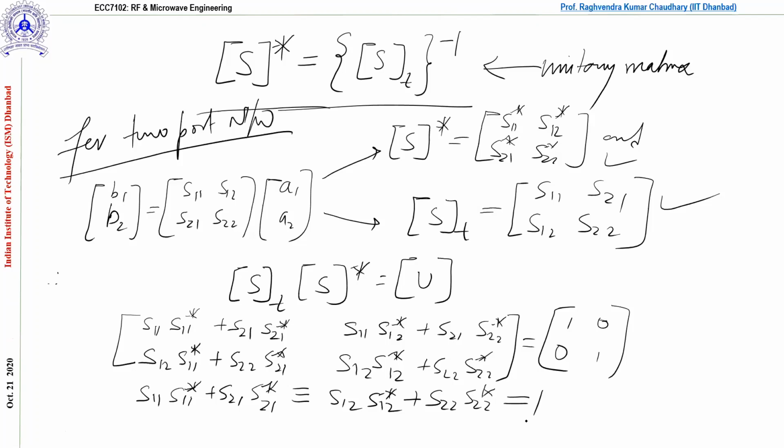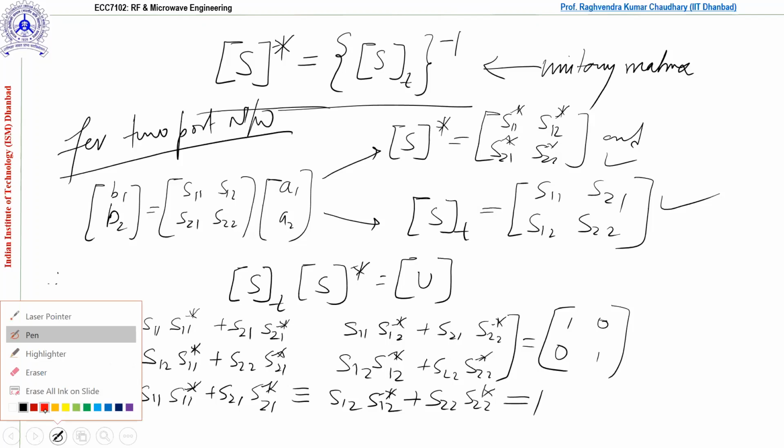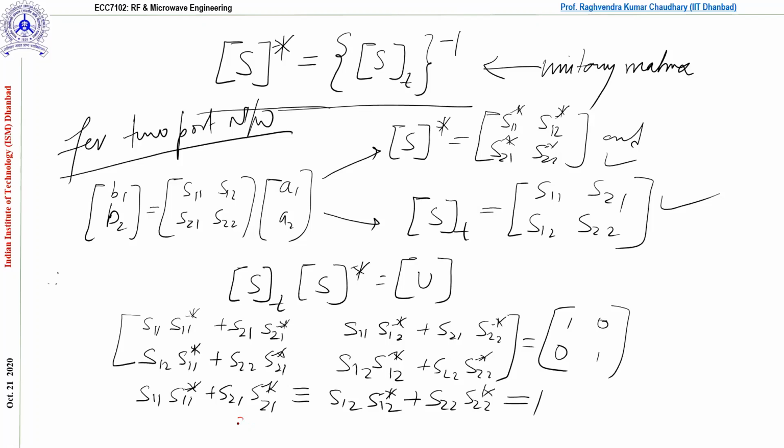Fine, this is one thing. Another thing will be S11 S12 star plus S21 S22 star, and S12 S11 star plus S22 S21 star is equal to 0.